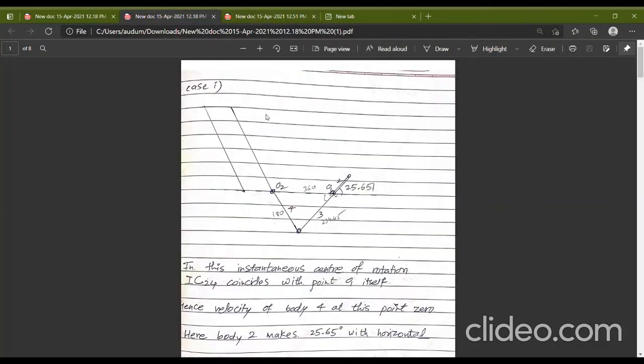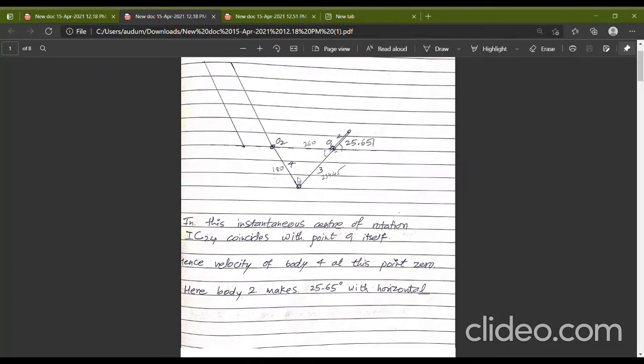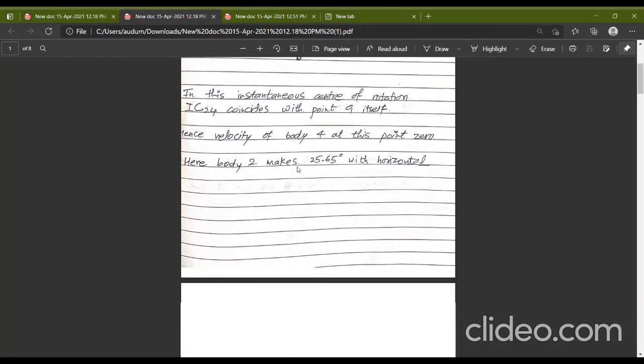There will be two dead centers in this mechanism. This is the first one. In this dead center, body 2 and body 3 will align in a straight line, making a 25.65 degree angle with the horizontal. In this position, the instantaneous center of rotation IC24 will coincide with point O1, hence making the velocity of body 4 zero.